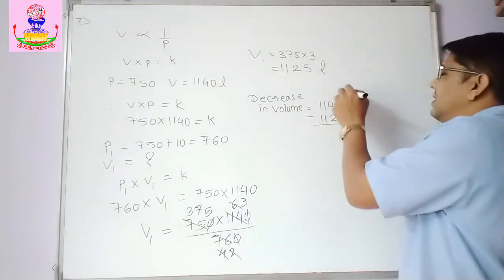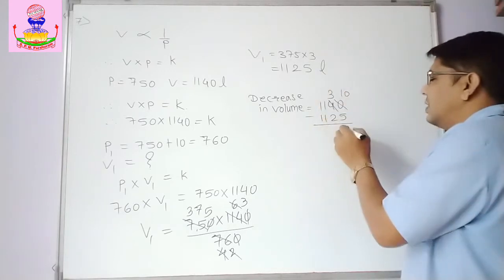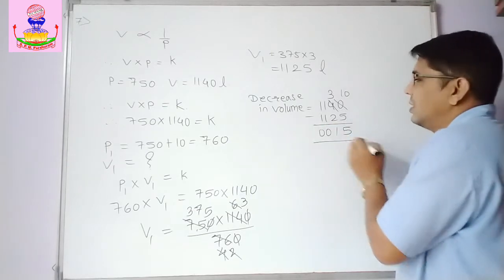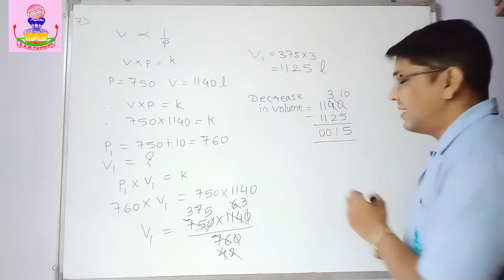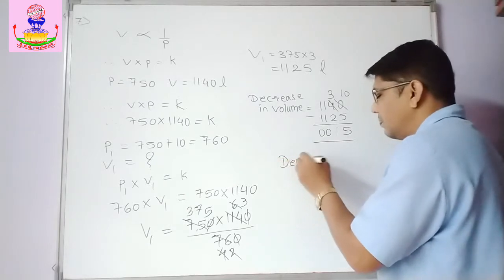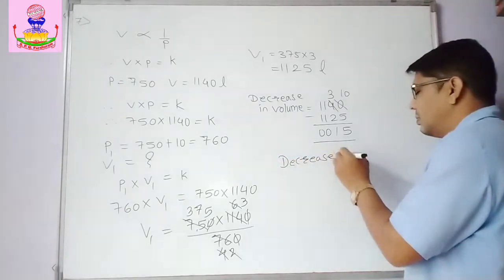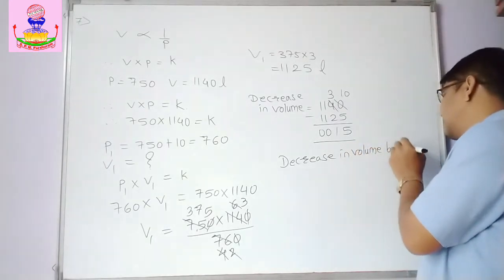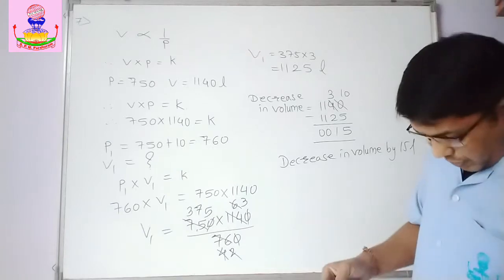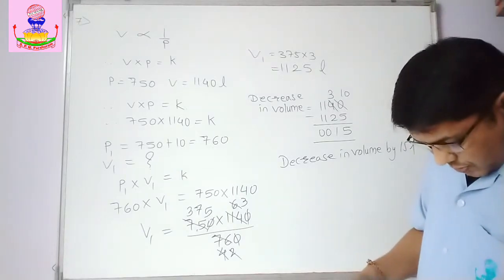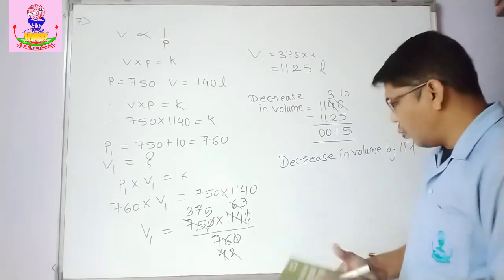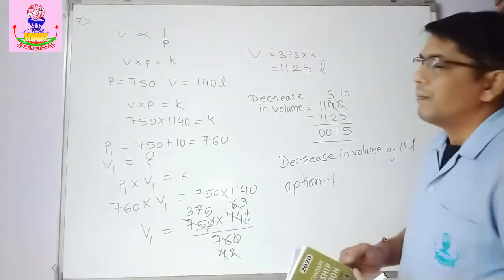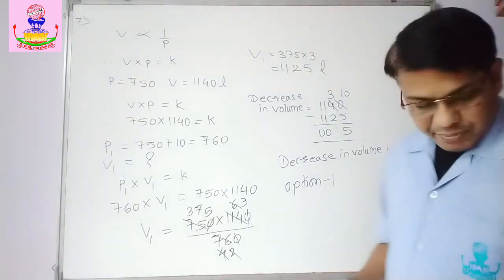So 10 minus 5, 5, 3 minus 2, 1. So the volume decreases by 15 liters. Okay, so option 1. Okay, now next example.